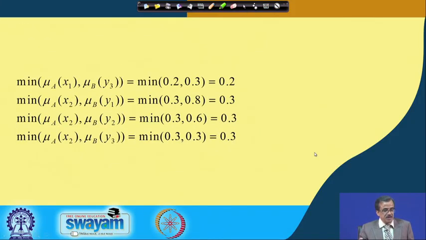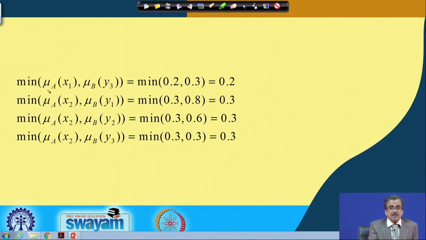I will have to find out the other elements, that is the minimum between mu A(x1) and mu B(y3), that is the minimum between 0.2 and 0.3, and that is 0.2. Next is the minimum between mu A(x2) and mu B(y1), that is the minimum between 0.3 and 0.8, and that is 0.3.